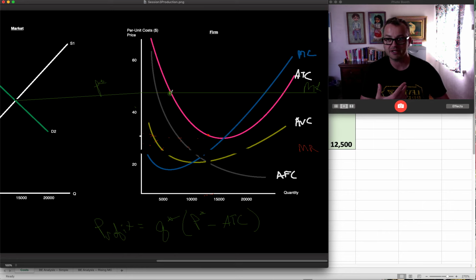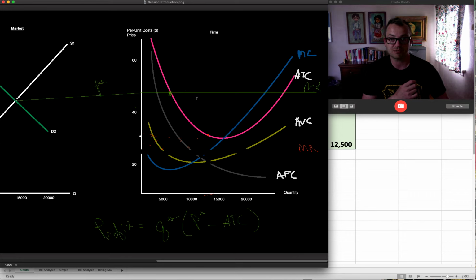At this point, profits start getting positive. Beyond this point, the profit I attain starts being positive. So that's related to going from negative profits to positive profits. Again, here's another point.